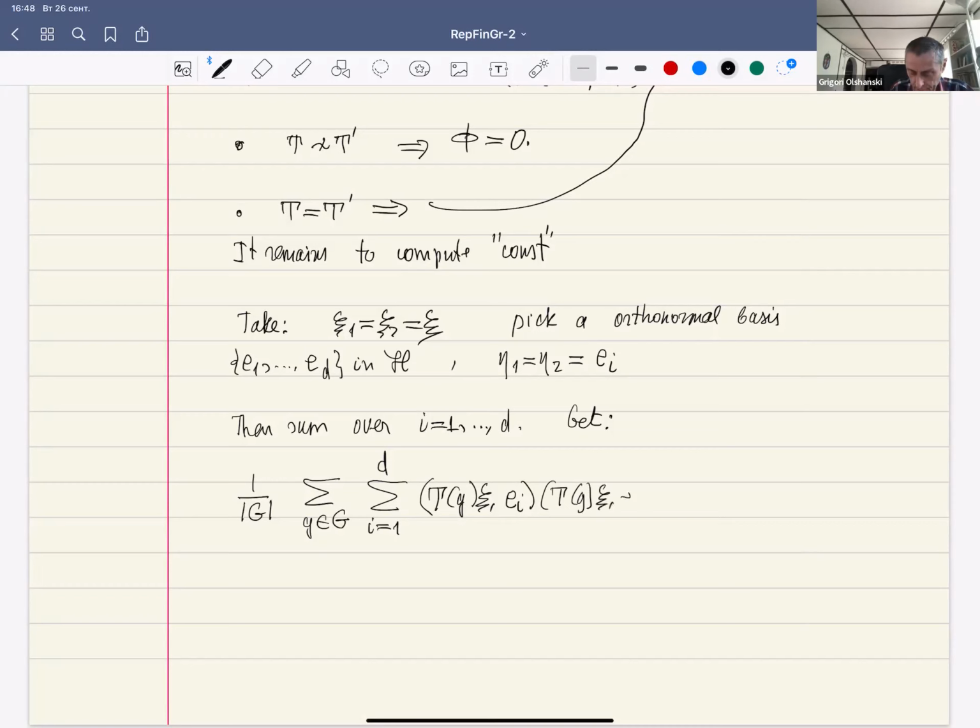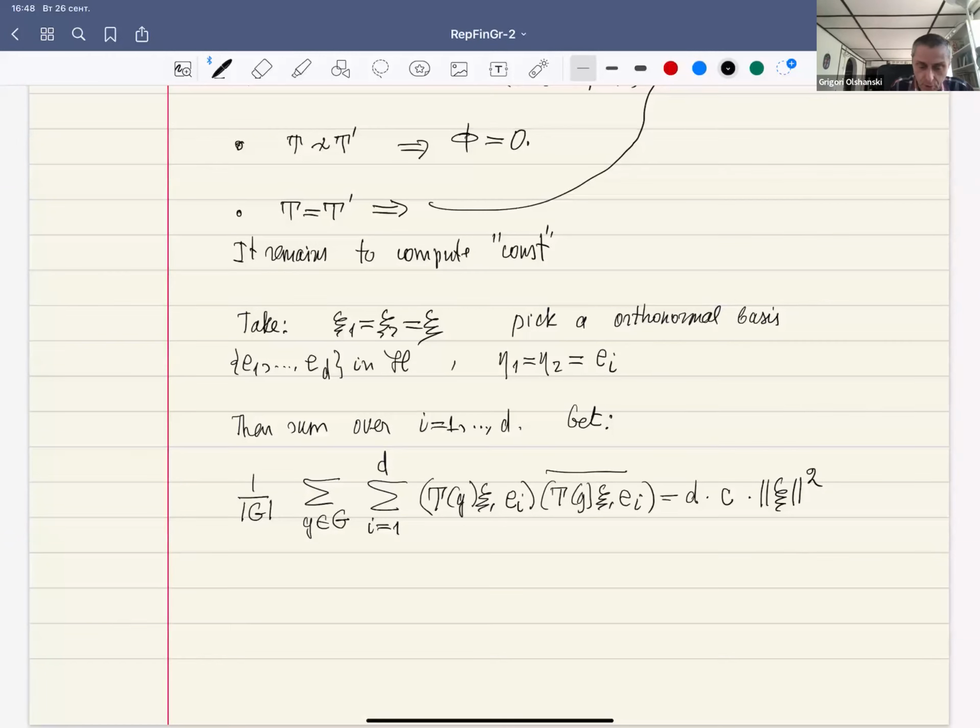This one, bar, and this is equal to D times our constant, and this is equal to the squared norm of psi.